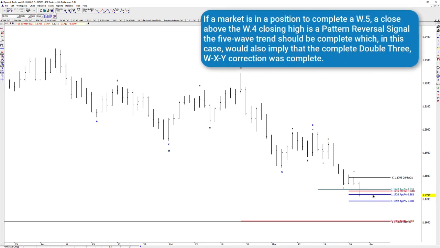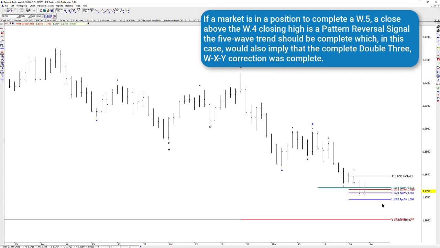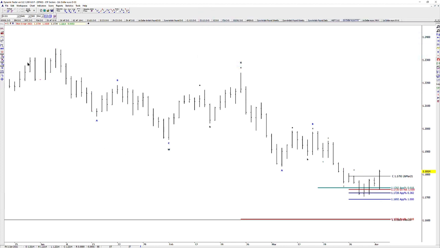And our pattern and our price relationships indicated that we're probably at or near the end of that bear trend and that higher time frame correction. As of the last bar in the chart, we've clearly signaled from the pattern and price position that 1, 2, 3, 4, 5 of C, I'm gonna put all these relationships on, which should be a Z, or excuse me, a Y, is probably complete.